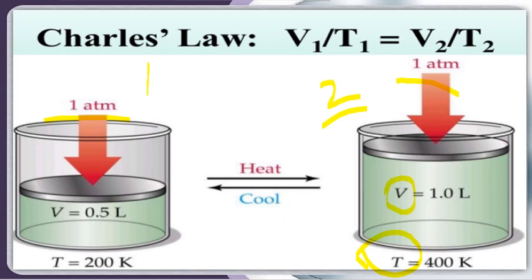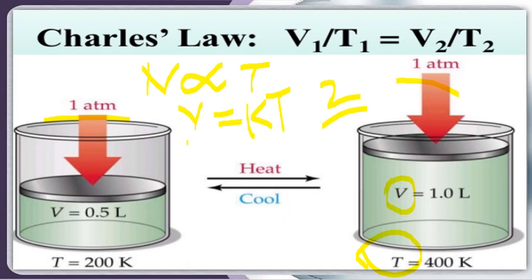So the must conditions are that the number of particles should remain the same inside the container, and the external pressure should also remain the same. The law says that V is proportional to T, and if I replace the proportionality sign, you get V equals KT.